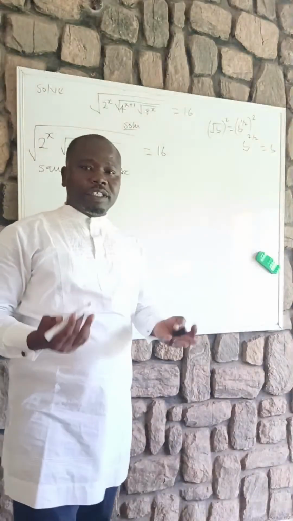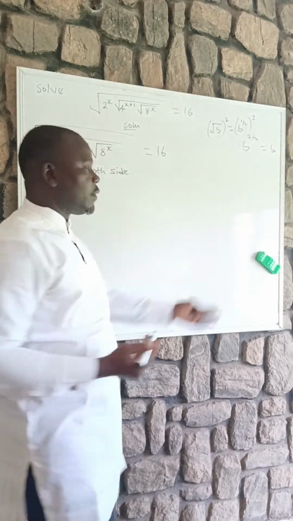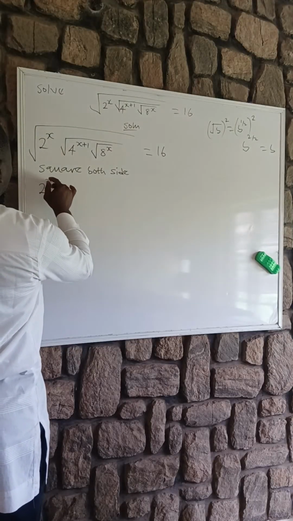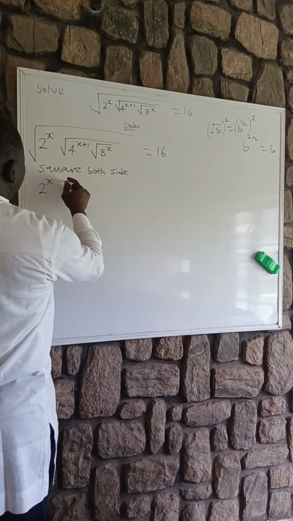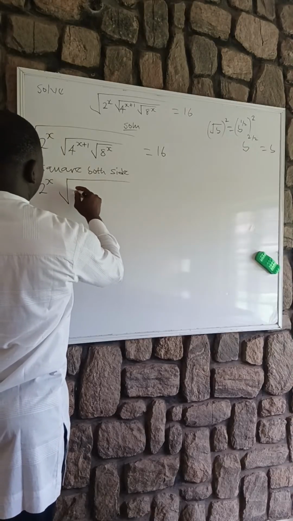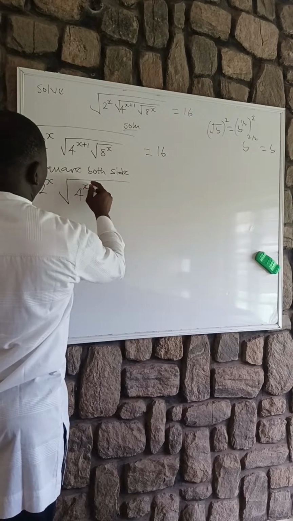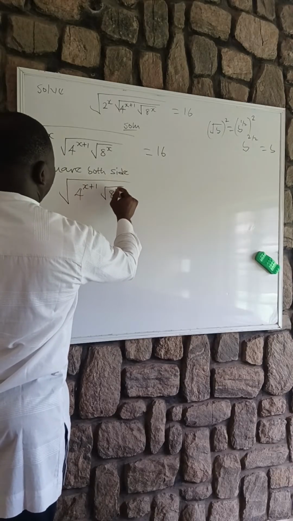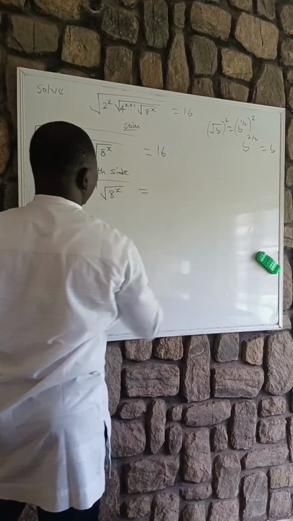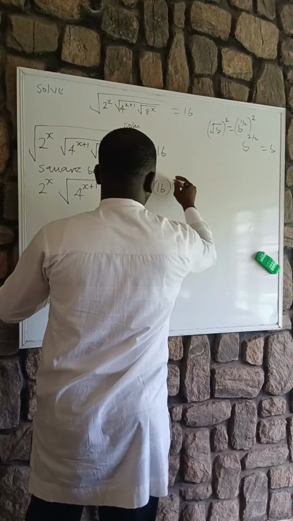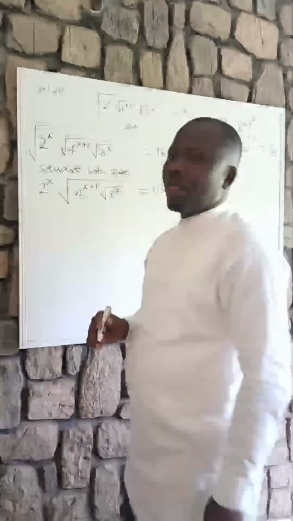When we square both sides, as we have done earlier, it means we are going to have 2 raised to the power x, times the square root of 4 raised to the power x plus 1, times the square root of 8 raised to the power x, equals, since we squared both sides, 16 squared.